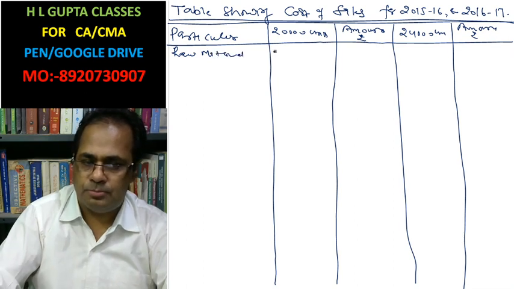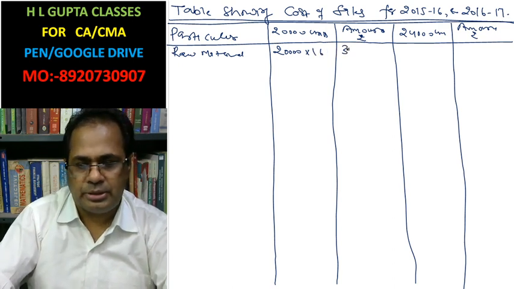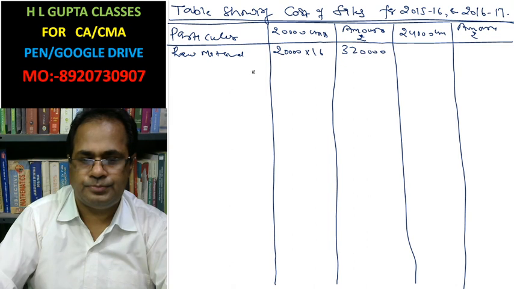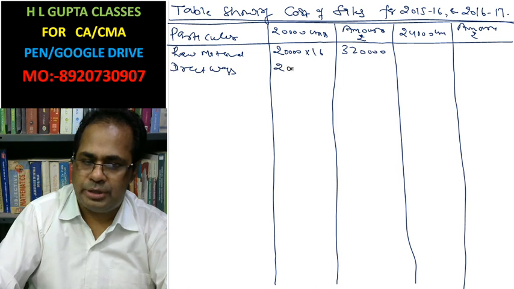Raw material: 20,000 into 16, 3,20,000. Direct wages: 20,000 into 40, 8 lakh.